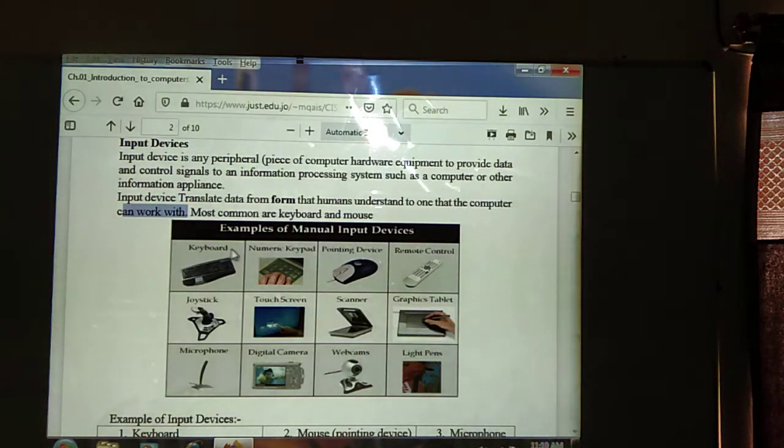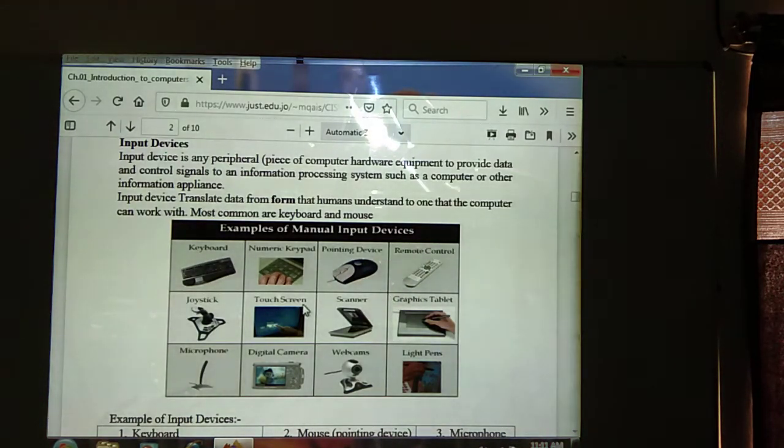Next, we can see the examples of input devices. How many examples are there? First one is the keyboard. Mainly, without a keyboard, we cannot enter the data. Numerical keypad: in calculators, we mainly use a numerical keypad; there we don't have an alphabetical keypad. Pointing devices are the mouse and remote control. In our home, whenever we need to operate the TV, how do we operate it?